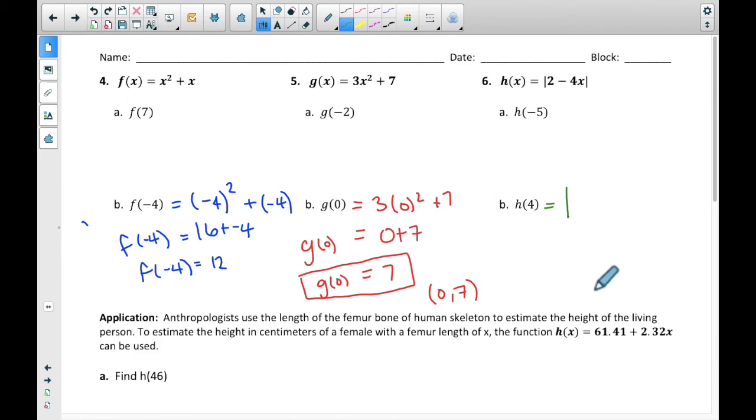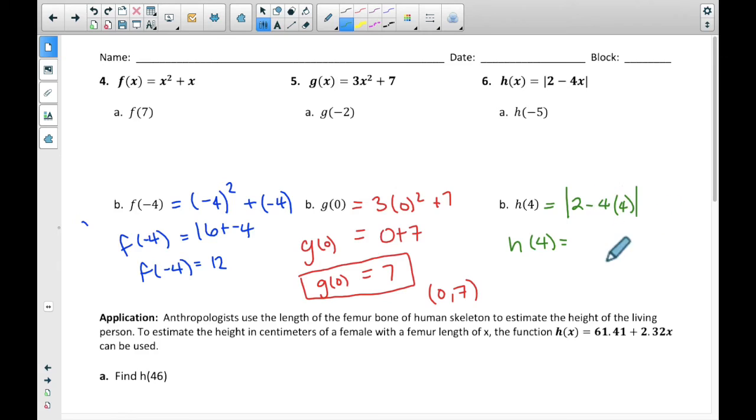Okay, we haven't talked a lot about absolute value. So remember that the absolute value bars are kind of like parentheses, because you do everything inside of them first. But then once you've finished simplifying everything inside, then you make it positive. So when I do this, I'm going to plug it in. 2 minus 4 times 4. I might go back and do this A version also, just because we haven't done it yet.